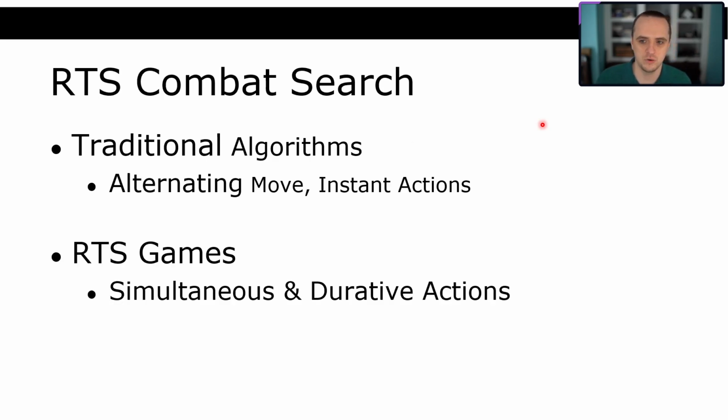Also, in traditional algorithms and traditional games, like alpha beta search that we learned about in 3200, it's kind of easy because you have alternating moves and those moves have instantaneous actions. But in real-time strategy games, you're actually acting at the same time, and your actions have durations, right? If you choose to shoot somebody, that takes a certain amount of time. It doesn't instantly get implemented.